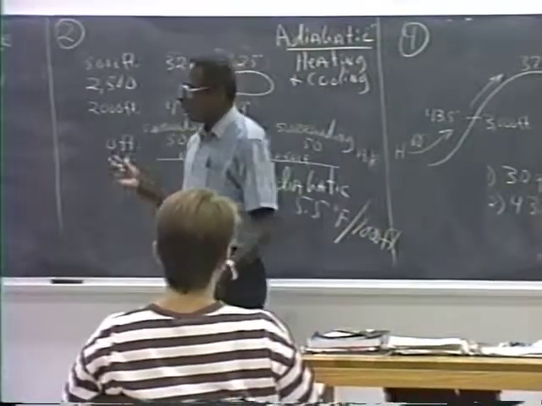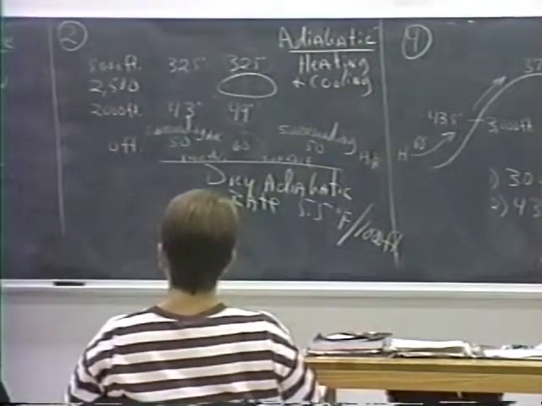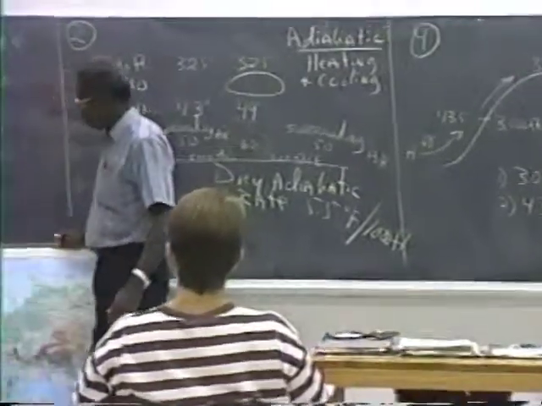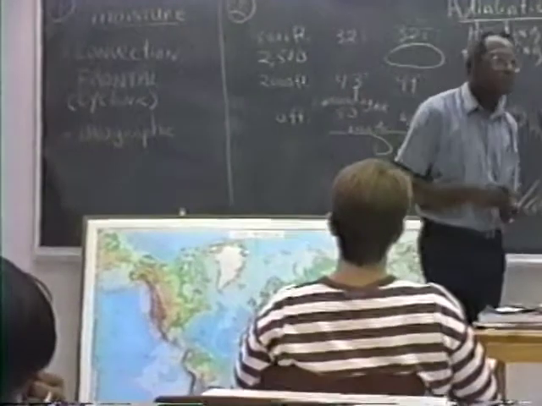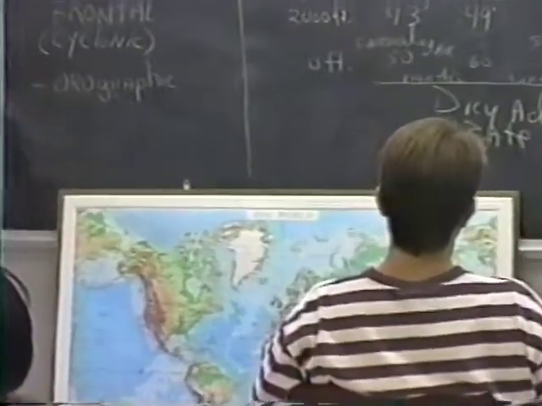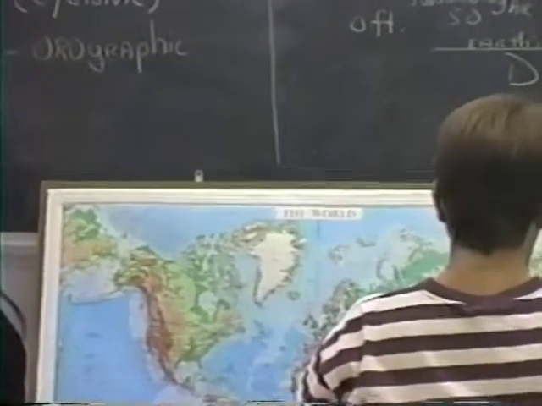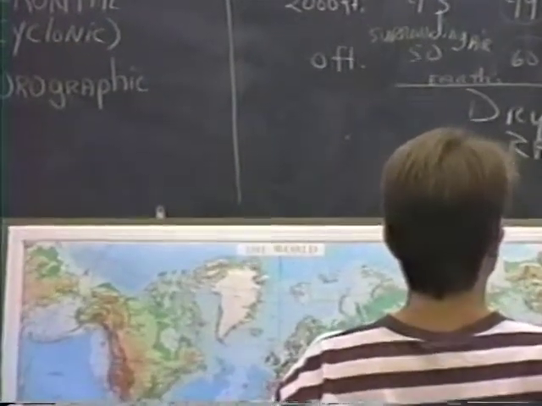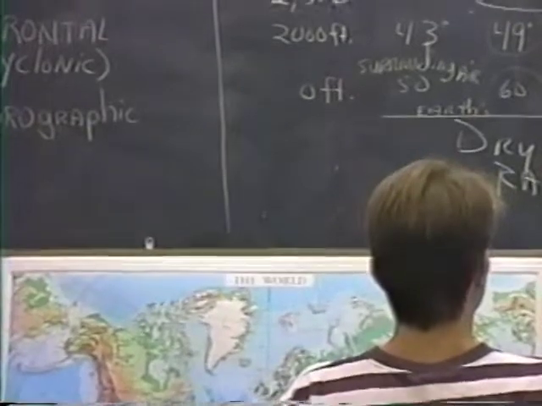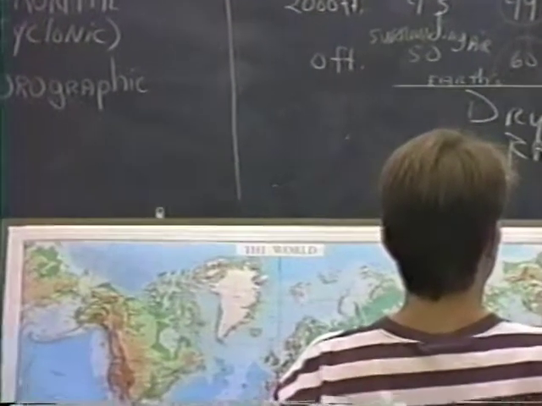What's an example? Well, in the Pacific Ocean, as an example, you have the Hawaiian Islands. And it's a fact that land areas heat up a lot quicker than water areas. And they also cool off a lot quicker than water areas.